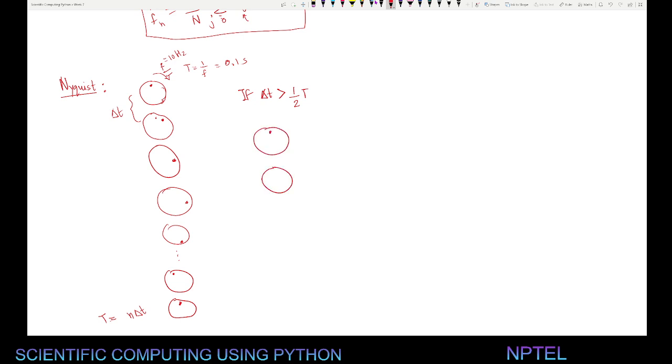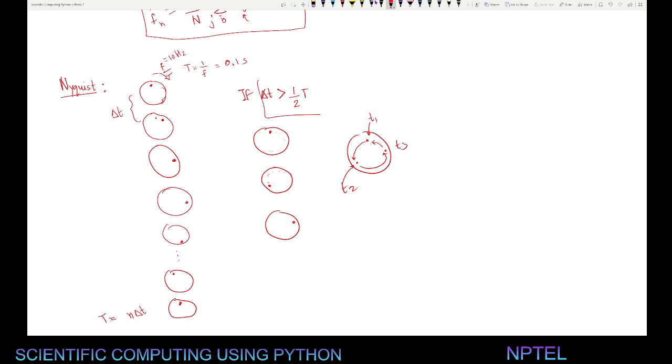In the next observation that you make, the dot would have moved more than half the circle, so you will see it somewhere like here. Then more than half the circle again, somewhere like here. So initially it was here at T1, then at T2 it became here, then T3 here. So you see the dot going in the opposite direction, which means you can't really predict the frequency of this thing.